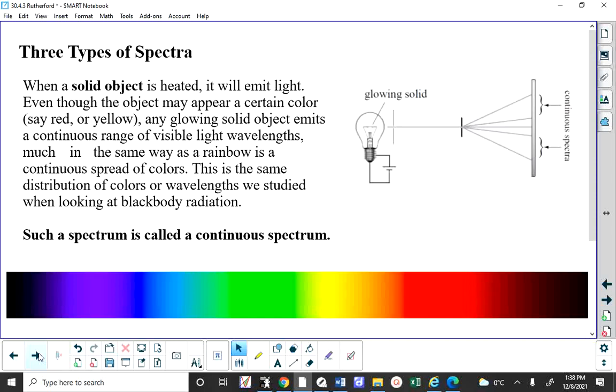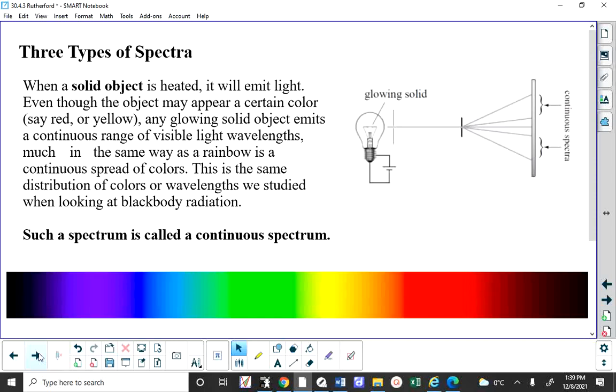It's a black body. This is black body radiation. When you have a solid object that's glowing, it will produce what we call a continuous spectrum, a rainbow of colors representing every single wavelength in the visible light spectrum, assuming the temperature is high enough.